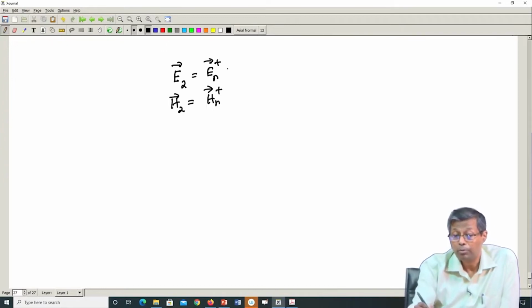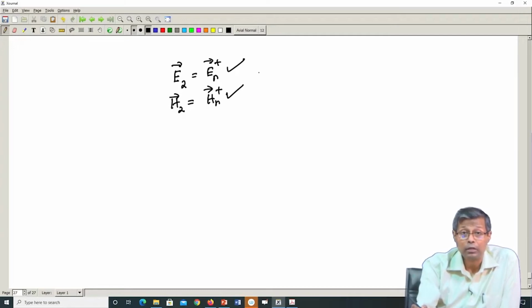So, this is the forward moving nth harmonic for the electric field, this is the forward moving nth harmonic for the magnetic field. The set of fields E 1 H 1 corresponding to the total scattered field inside the waveguide, consisting of the summation over all the eigenmodes, stay the same as previously.